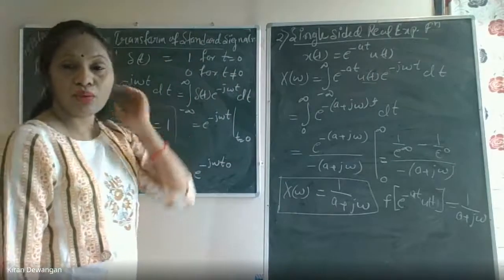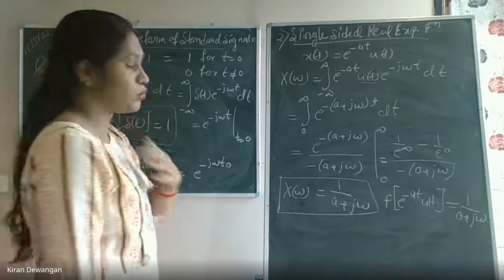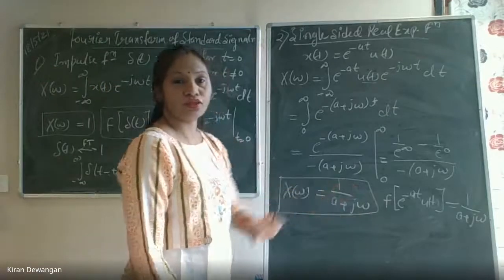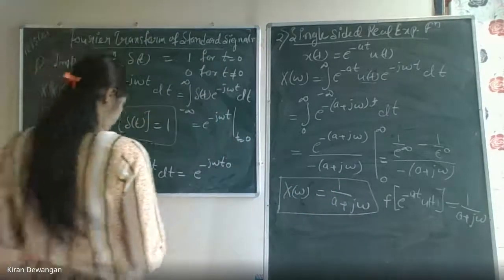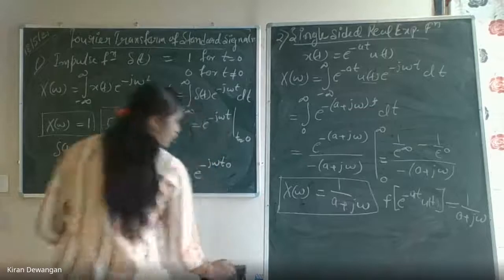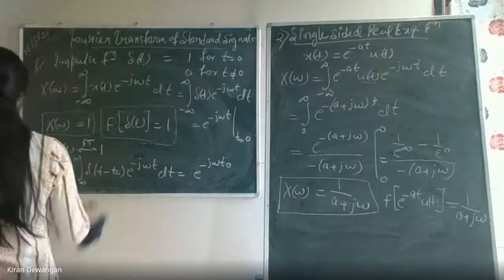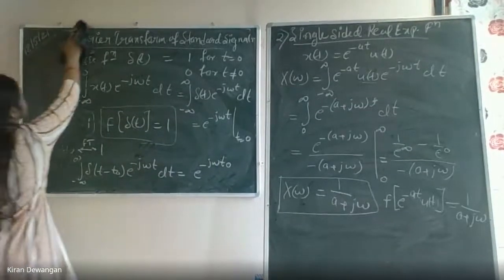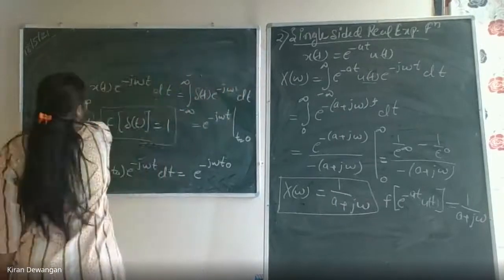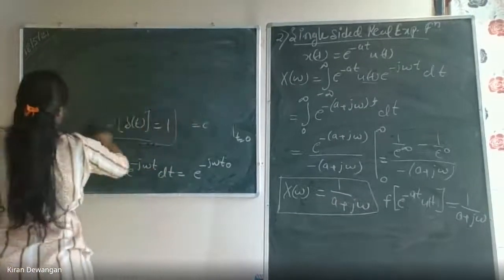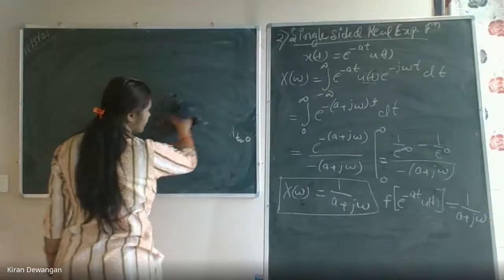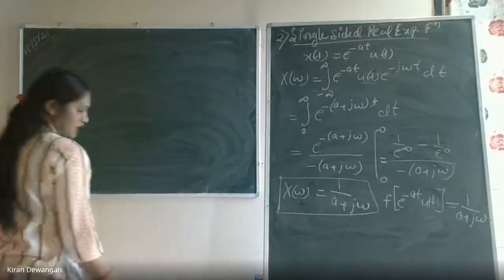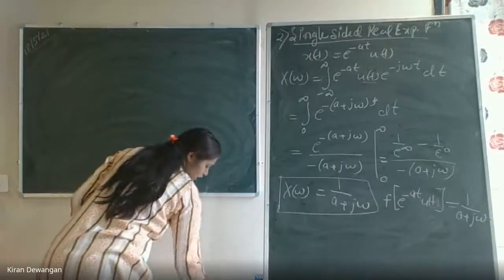A plus j omega है, 1 by a plus omega नहीं है. ठीक है, now that is how we can obtain the Fourier transform for a single sided function. Now we can even find its magnitude phase plot for the same. हम इसका magnitude और phase plot भी कर सकते हैं. We can even plot the magnitude and phase for any type of signal. किसी भी function का हम लोग कर सकते हैं.